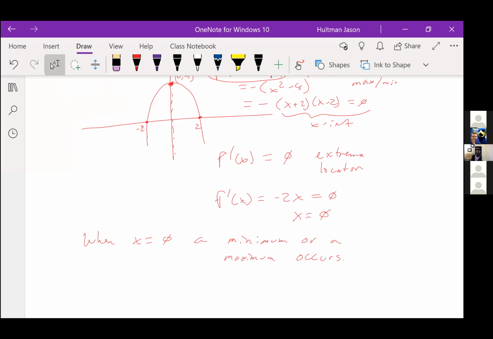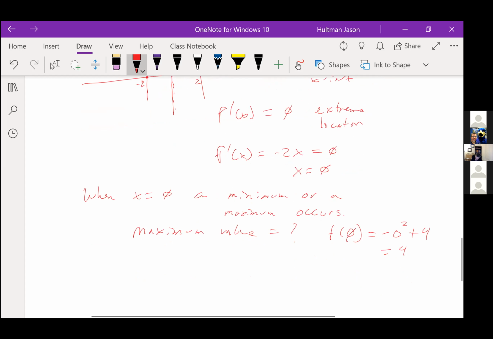So what is my maximum value here? My maximum value is f of x equals 4, right? Well, how did I get that? I plug in 0. So my maximum value is f of 0, and let's plug 0 into the original function. That's negative 0 squared plus 4, which is 4.